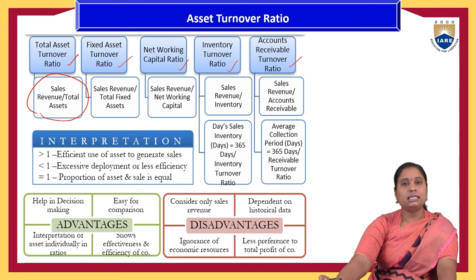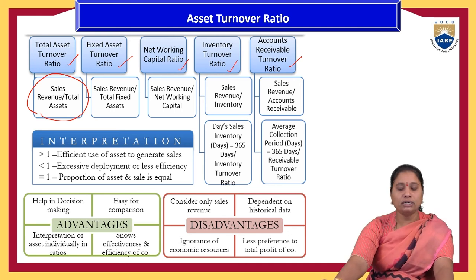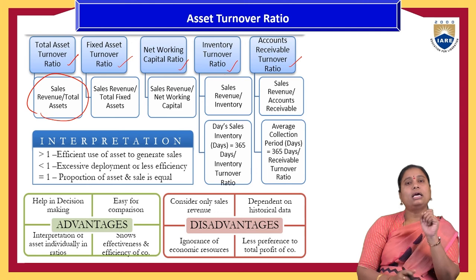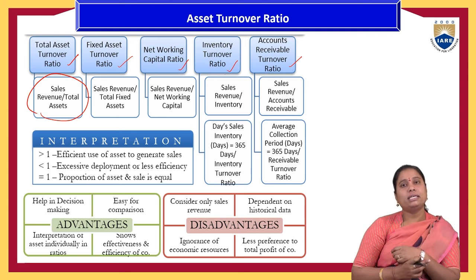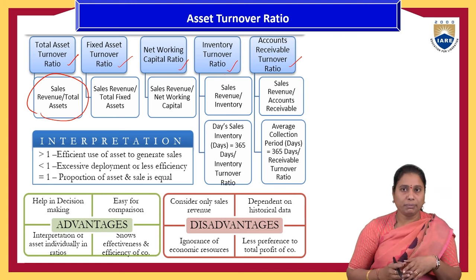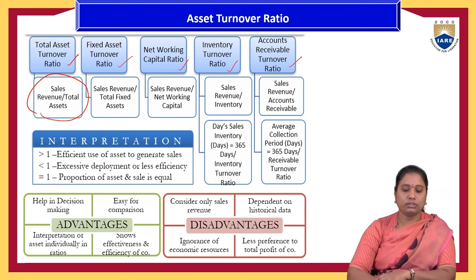Here we can say that if the ratio is more than 1, it shows efficiency of management; if it equals 1, it is less efficient or equal, whatever assets they have and whatever sales there are; and if it is less than 1, it is inefficient, more assets and less sales. That is how we interpret the assets turnover ratio.